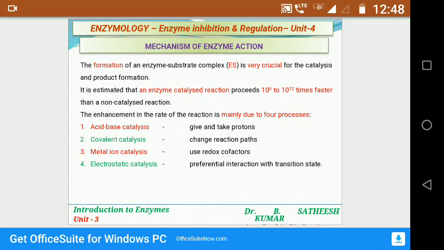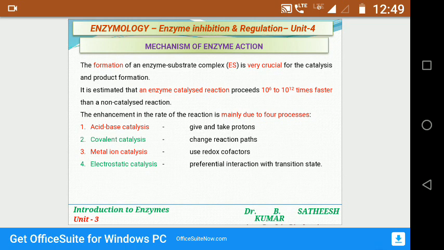And the third one is metal ion catalysis. All metal ions have positive charges. They bind the substrates and their transition states which have negative charges, and they stabilize them. They will orient the substrates in a proper way also.